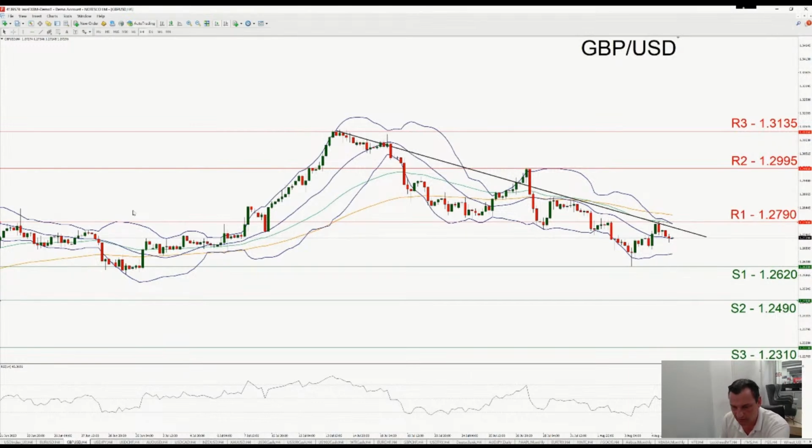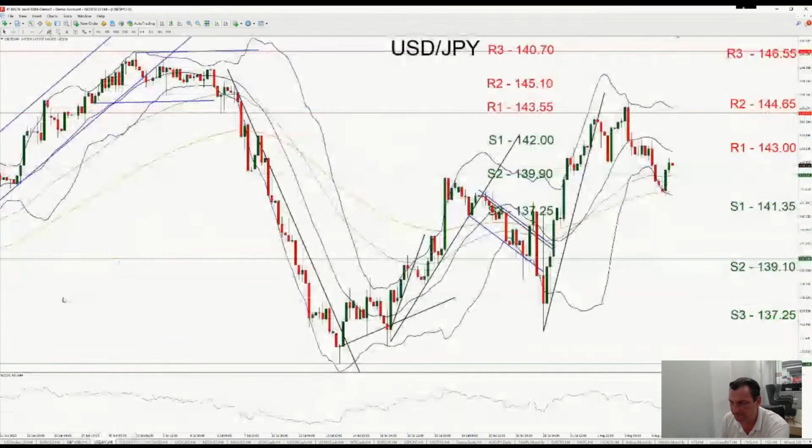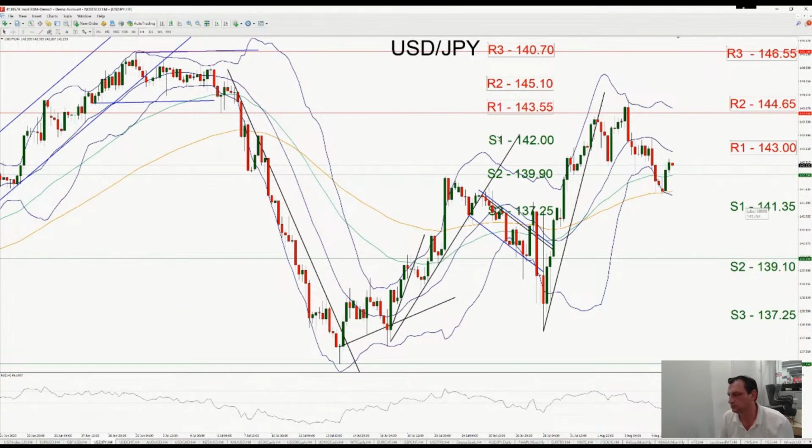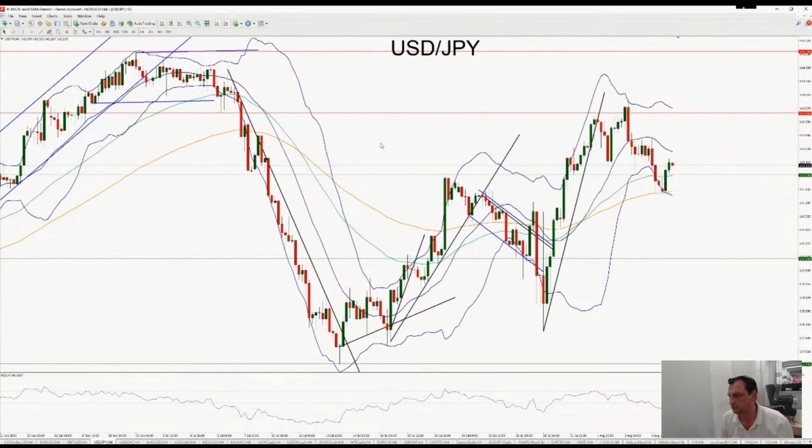Okay, let's have a look now at USDJPY. Let's clear the chart. Let's also clear past resistance and support lines.